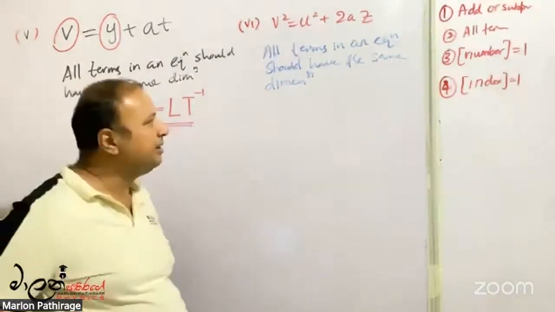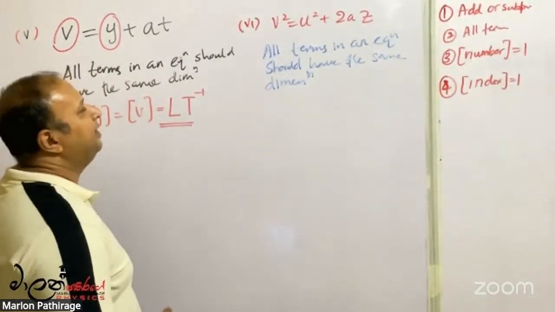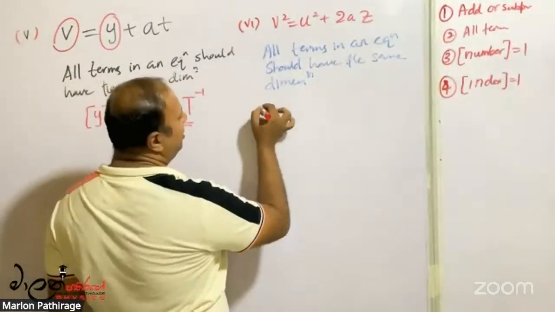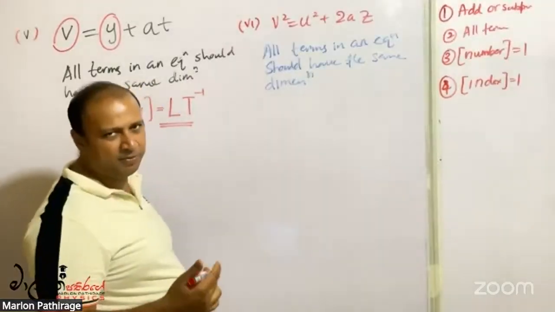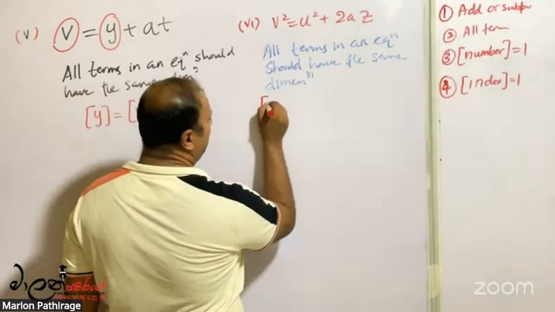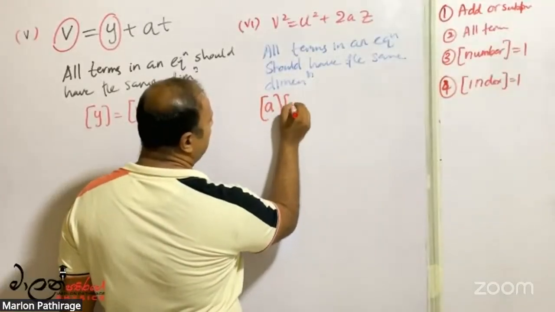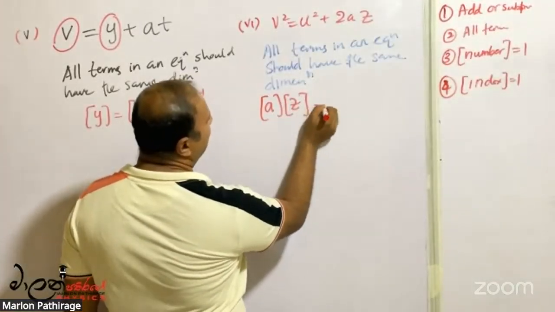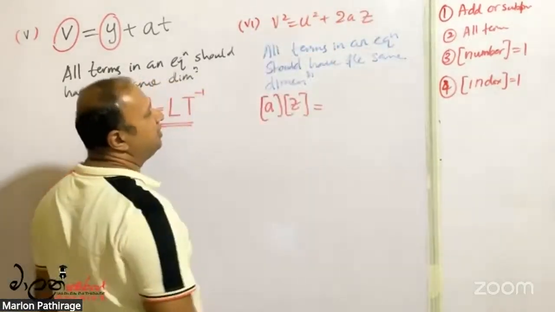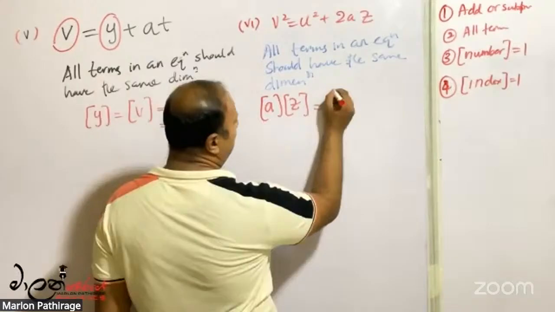Okay. Therefore, I think I can equate these two terms. 2 doesn't have a dimension, therefore no need to worry about 2. Therefore, dimension of A into dimension of Z, that is the term with A, should be equal to part of this, which means dimension of V square.